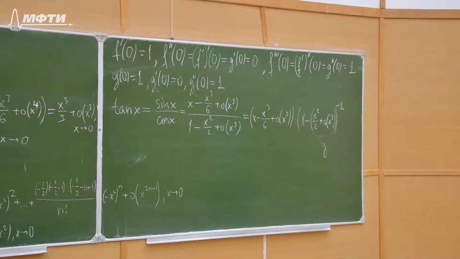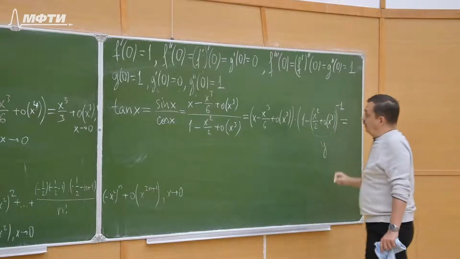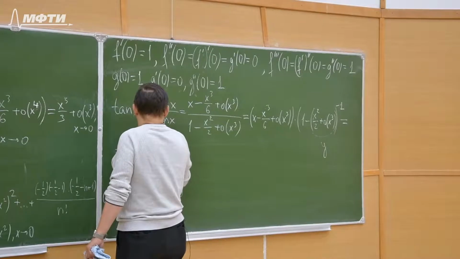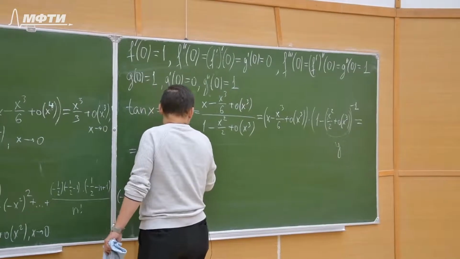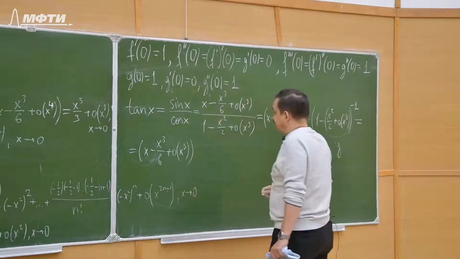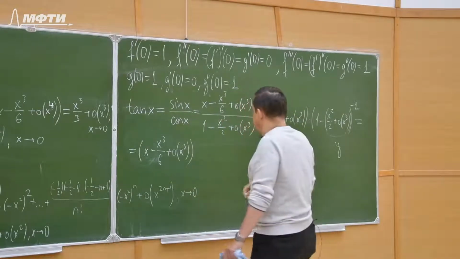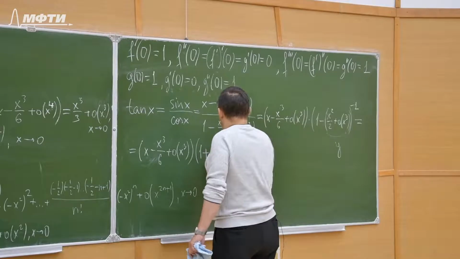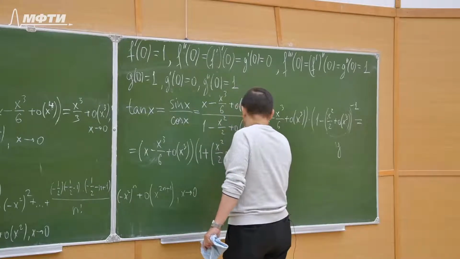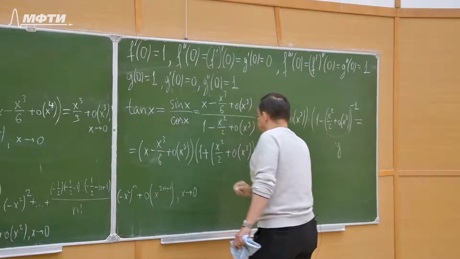So we use 1 minus y to the power minus 1, and it gives x minus x cubed over 6 plus little o of x cubed, times, substituted, 1 plus x squared over 2 plus little o of x cubed.